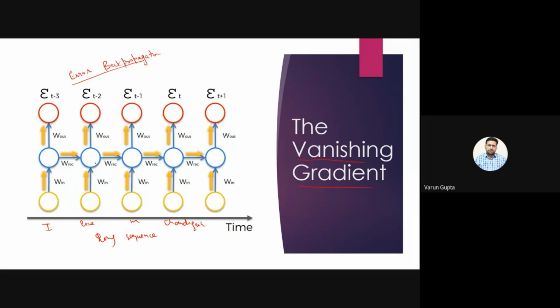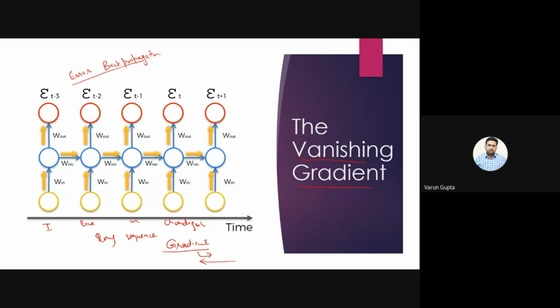Now here it's a long sequence of text. What will happen when your network will start going in the backward direction? It has to cover a lot of distance, and during that distance, the gradient. You must be knowing that when you do back propagation, your gradient is the thing that goes back in the network.